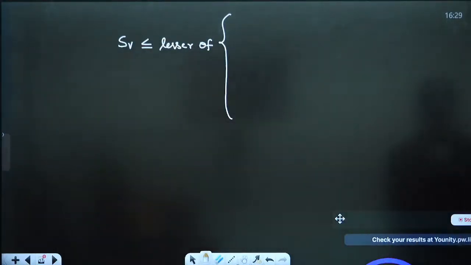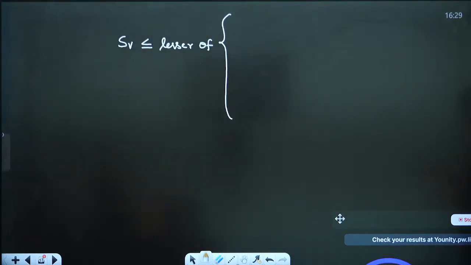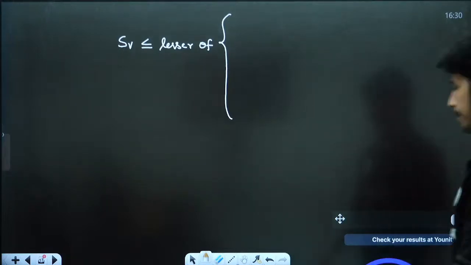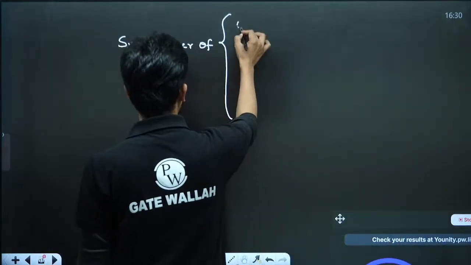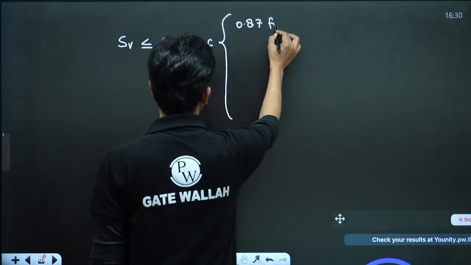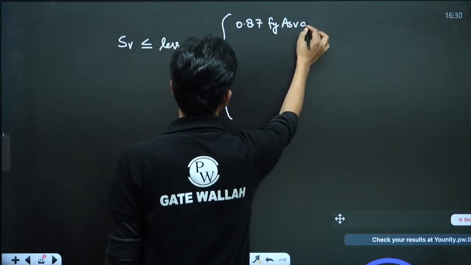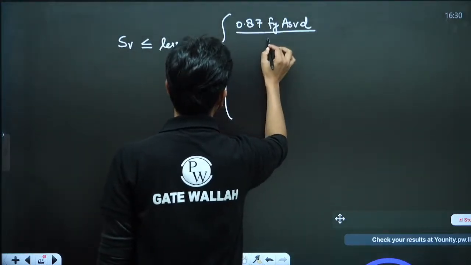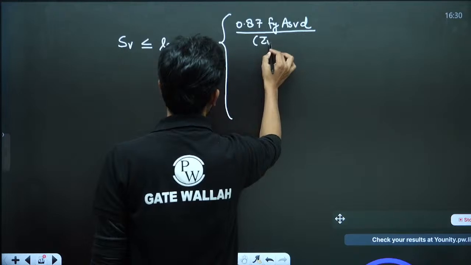The first is 0.87 Fy into Asv into d divided by (tau v minus tau c) into b. Just give me a minute, I have an important mail I need to reply to. Okay. So, the lesser of 0.87 Fy Asv d divided by Vus, which is d divided by (tau v minus tau c) into b.